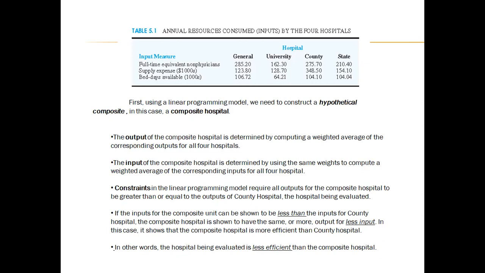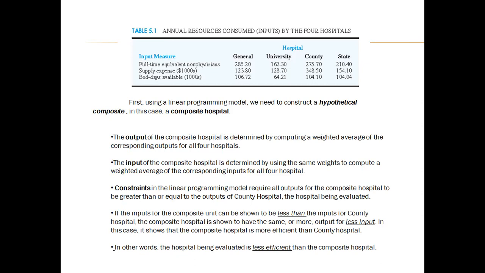And then the constraints in the linear programming model require all outputs for the composite hospital to be greater than or equal to the outputs of the county hospital, so the hospital being evaluated. We will be using the county hospital here as the hospital that we will be evaluating. Okay, no more, no less.